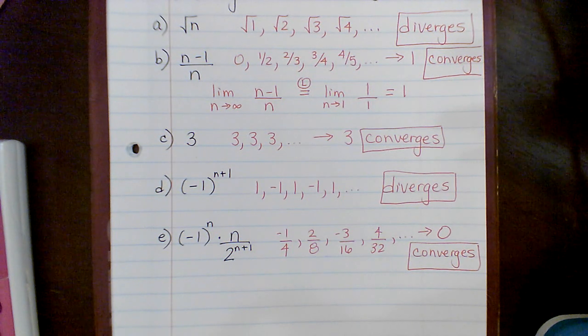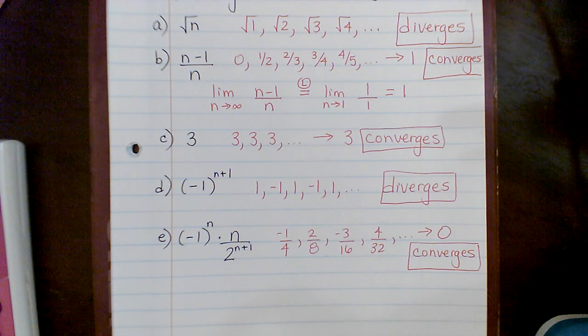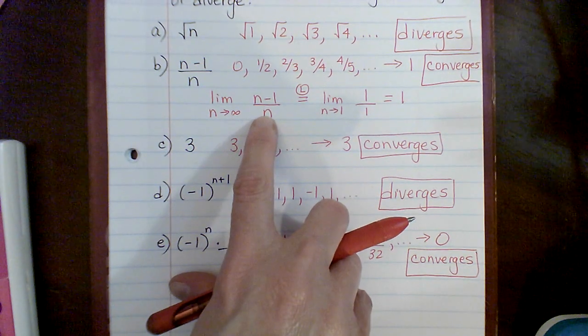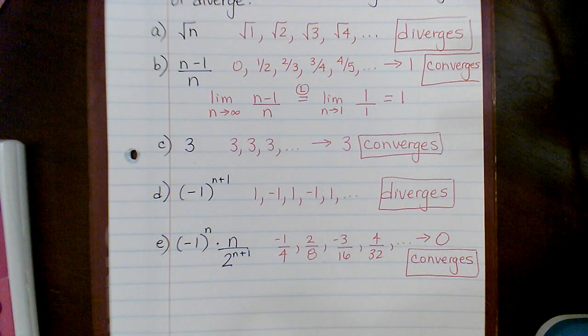Okay, so let's talk about how we are able to use L'Hopital's rule, because we saw that it can be incredibly helpful with determining what a sequence converges to. So let me write down a theorem for you that's going to help you see how we can use L'Hopital.